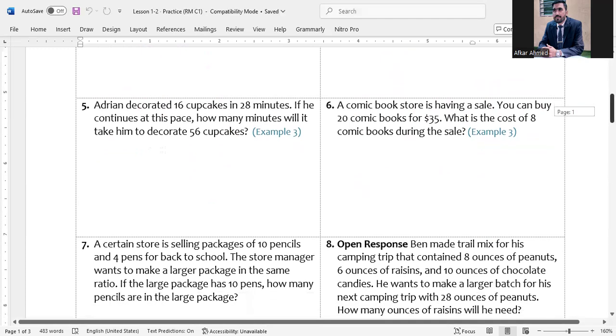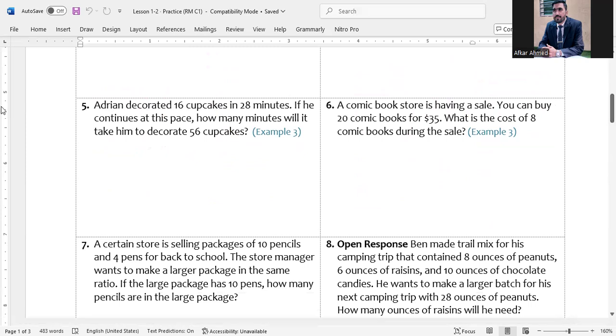Question number 5 is again the same. Adrian decorated 16 cupcakes in 28 minutes. So the first fraction is given. Let us write the first fraction. How many cupcakes are there? Why am I writing this cupcakes?